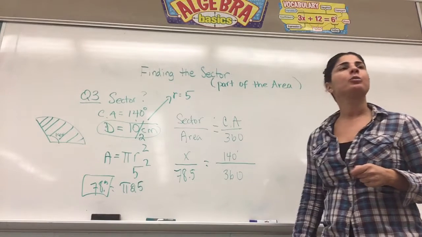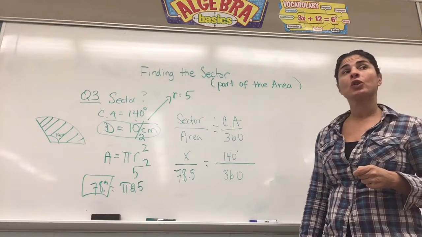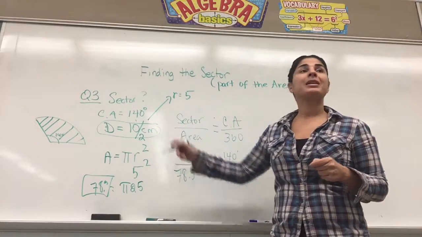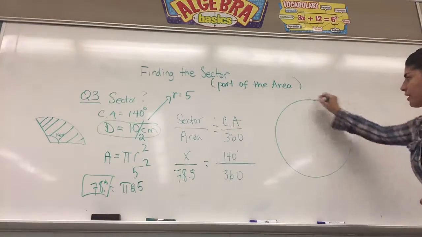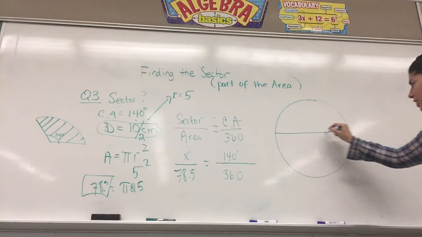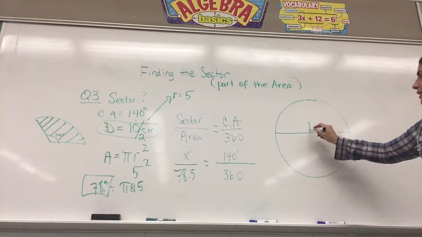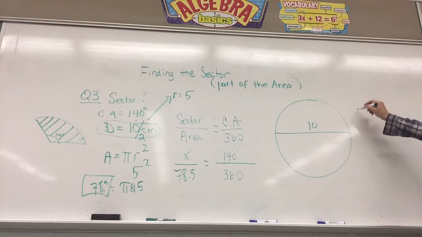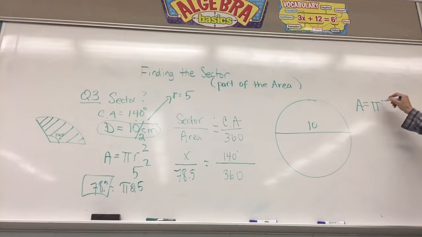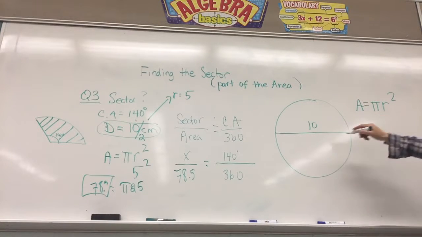78.5. Why do we have to divide by 2? Because right now, the information I'm giving you is the diameter. The diameter is 10. But in the area formula, I don't need diameter. I need this thing called radius. So because I gave you the diameter, I'm hiding the radius there.